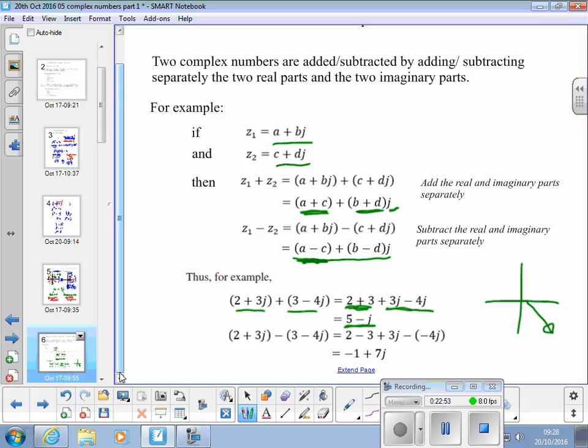Okay. If we subtract 3 minus 4J, you need to be very careful with signs doing this arithmetic. That's 2 minus 3 is minus 1, and that's plus 3 minus minus 4, so it becomes 7J. And that one is in which quadrant? Minus 1 plus 7J is in quadrant 2.